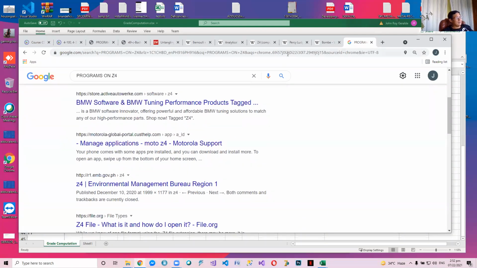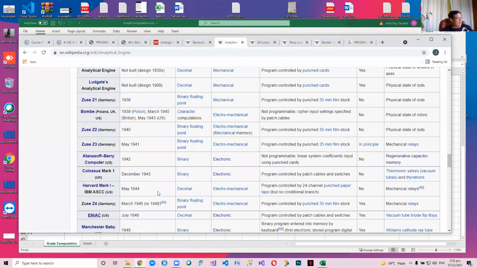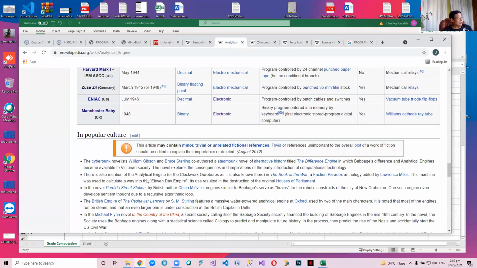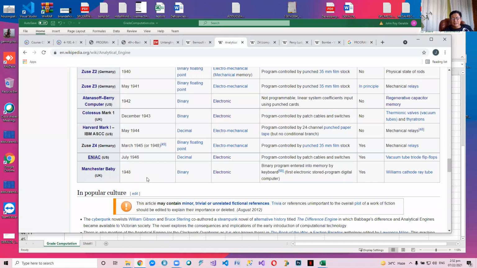Not many. But the first commercially produced binary computer is called the Z4. It was sold for 3 years, from 1945 to 1948. Okay, we will have an exam on this.